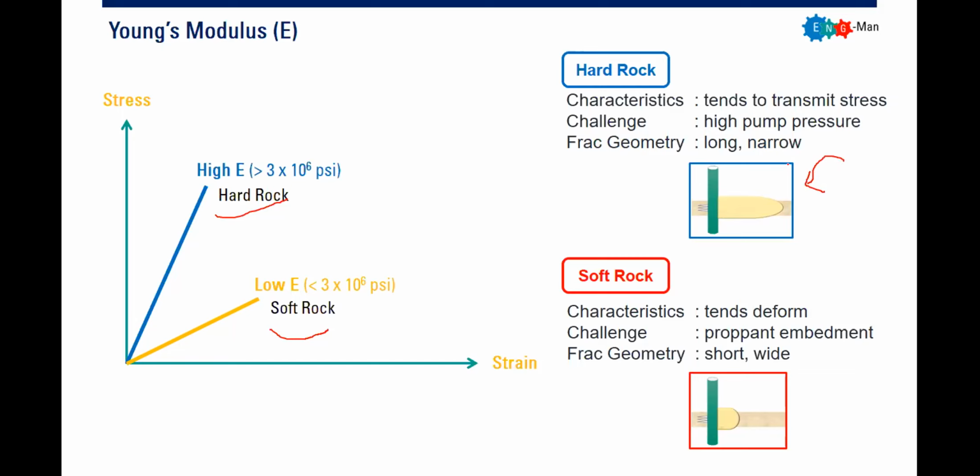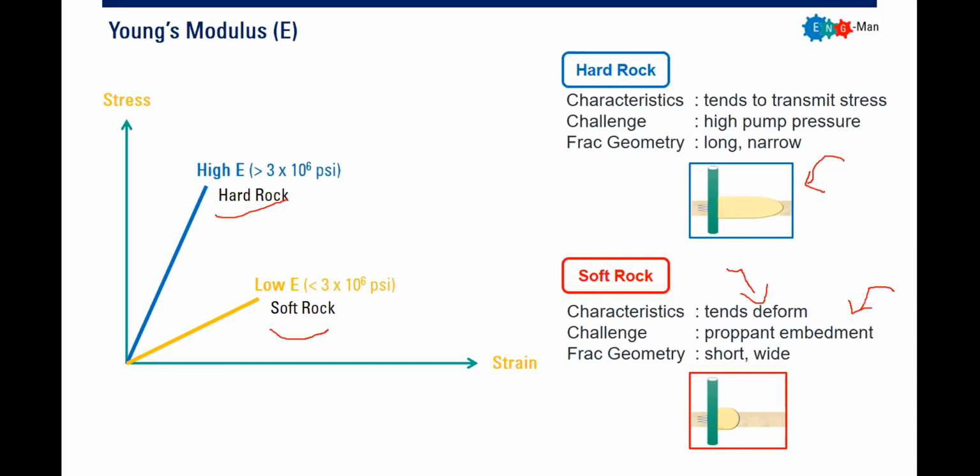But soft rock is a bit more challenging. It tends to deform rather than transmit the stress, so it will be more difficult to frac. And the challenge will be proppant embedment. After you fracture the reservoir, you put some proppants inside the fracture, but at the end of the day, the proppant will embed into the reservoir.